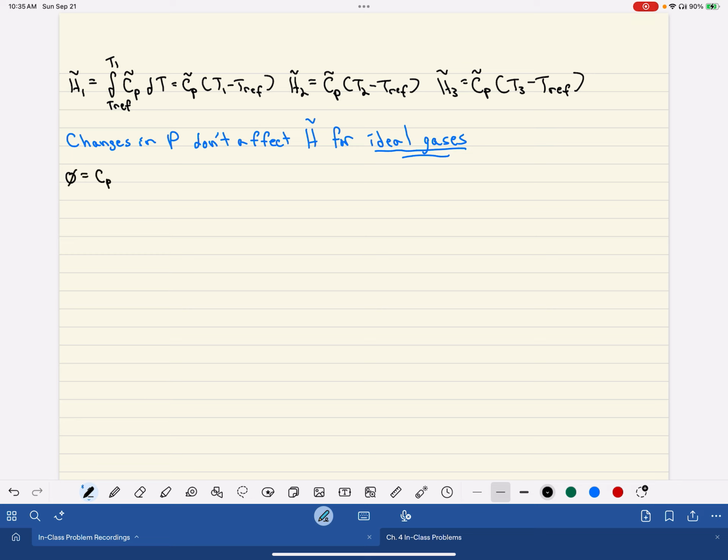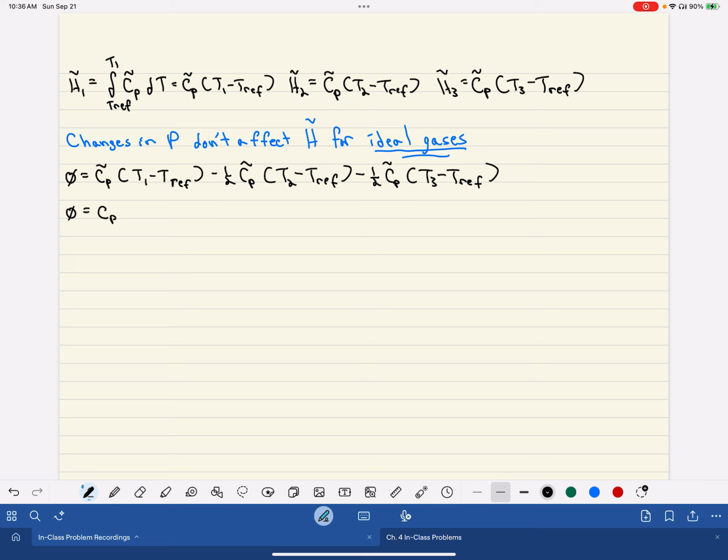In any case, now that we have the functional forms for the enthalpy, let's plug them in. So we have CP (T1 minus T ref) minus 1/2 CP (T2 minus T ref) minus 1/2 CP (T3 minus T ref). I'm going to rearrange this equation.